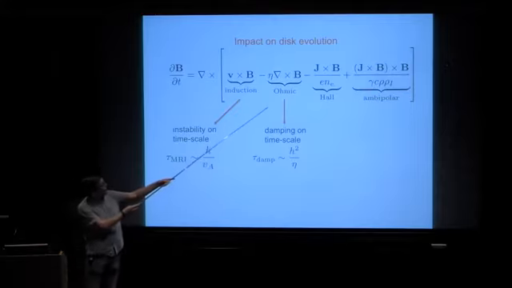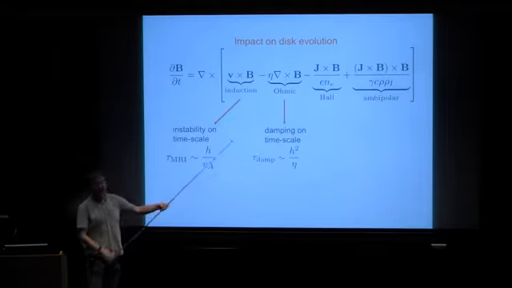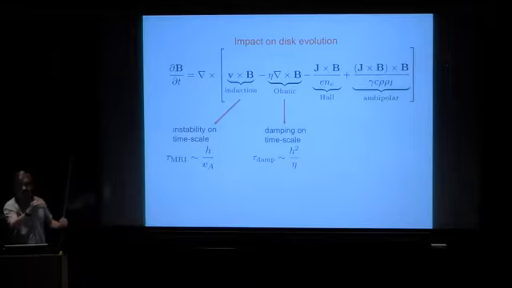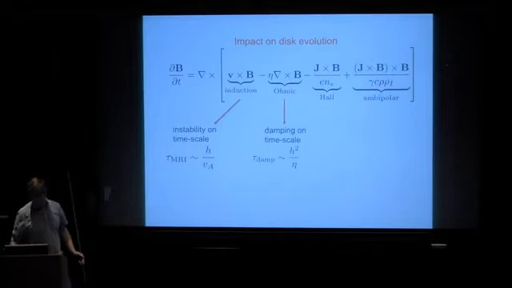If we just consider the ohmic term, that's a diffusion-like term, so it has a diffusion timescale, something like h squared over the resistivity, where the relevant scale is the thickness of the disk.